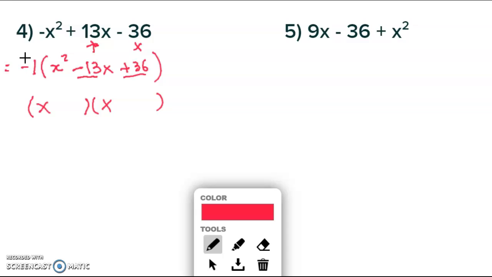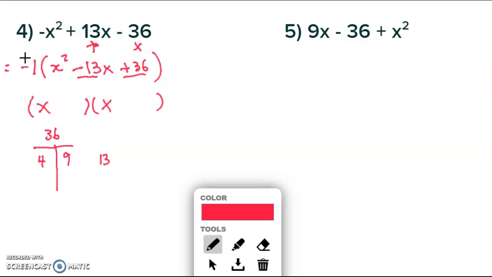So I'm looking for two numbers that multiply to 36, but they add to 13. Well, hopefully, as you get better at it, instead of just going through 1, 2, 3, 4, I can see what the factors are. 36, 4 and 9 would be probably the first one I would try. And if I add those together, it does give me 13.